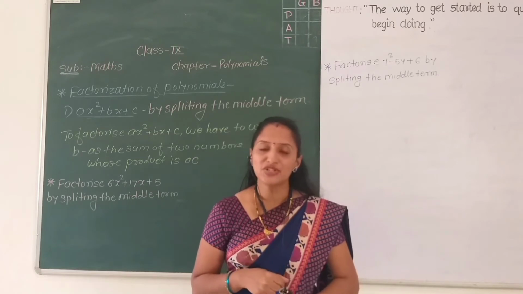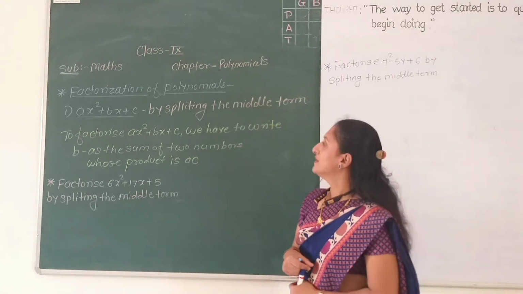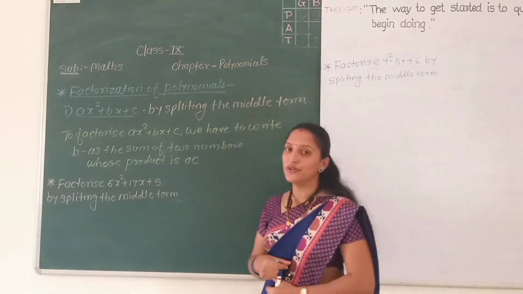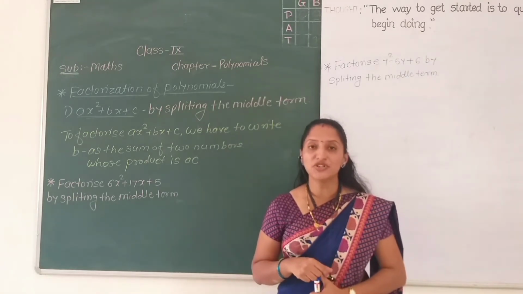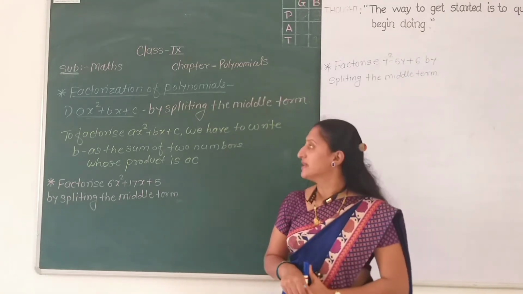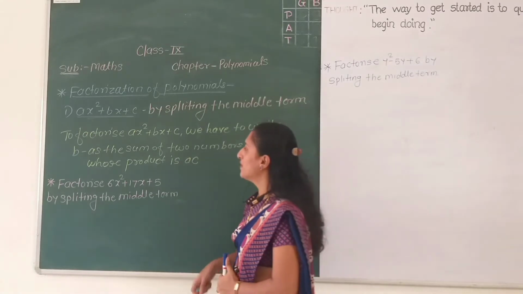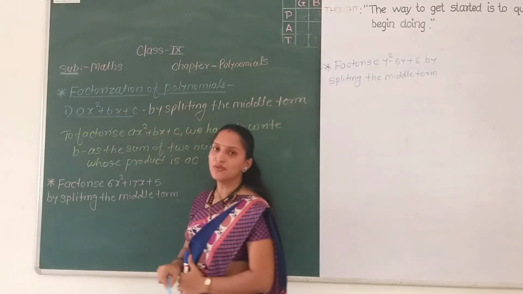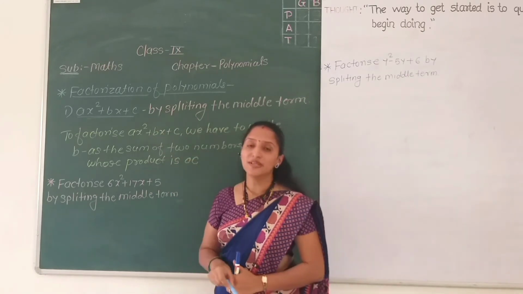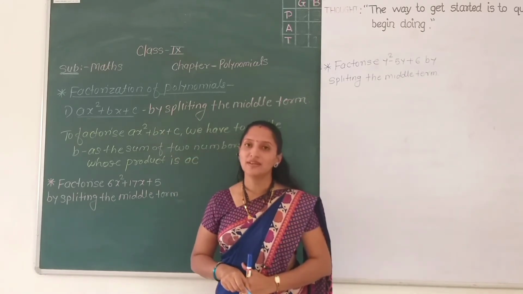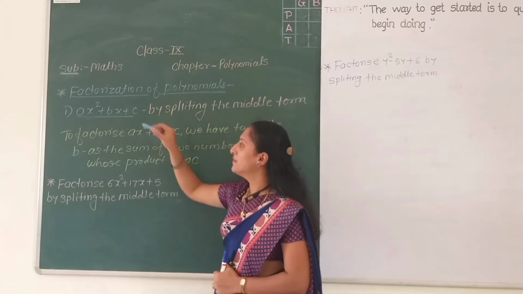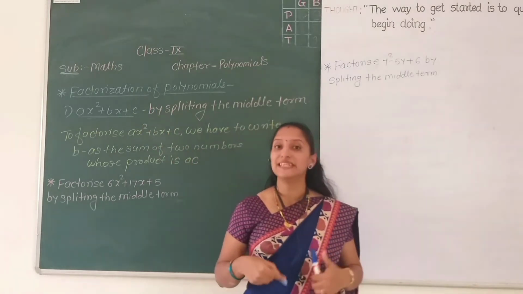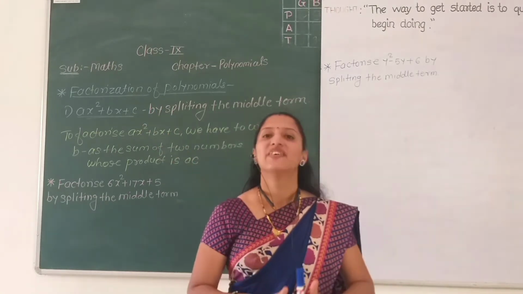Now in today's session, we are going to learn factorization of polynomials. The first polynomial is ax square plus bx plus c. Do you remember the type of this polynomial? Tell me, the type of the polynomial ax square plus bx plus c is? Yes, very nice.